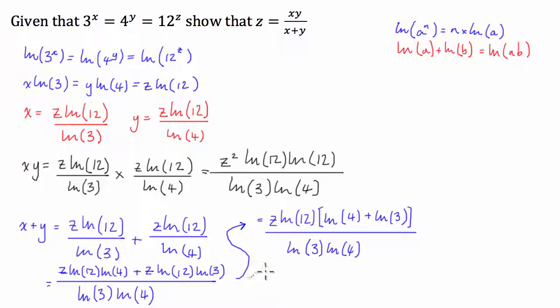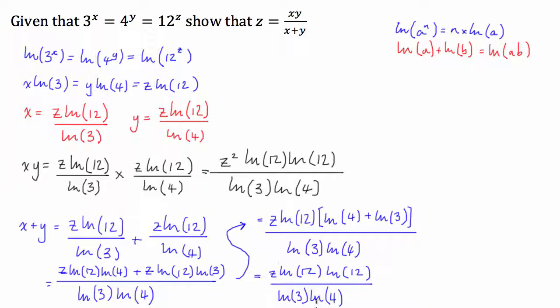So this is going to be equal to z ln 12 times, 4 times 3 is 12, so we're going to times it also by ln of 12, all divided by ln 3 ln 4. Cool.